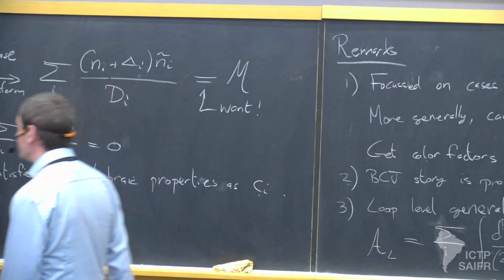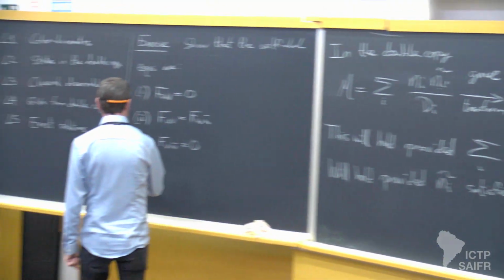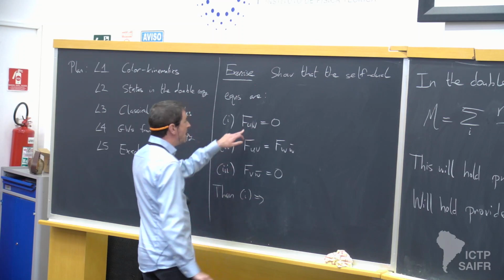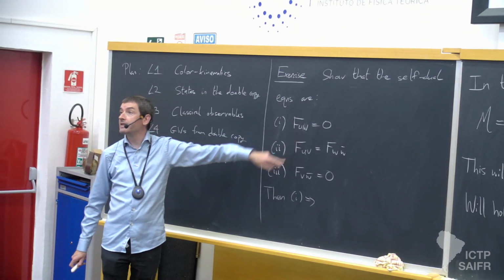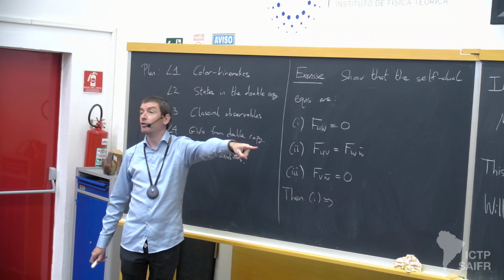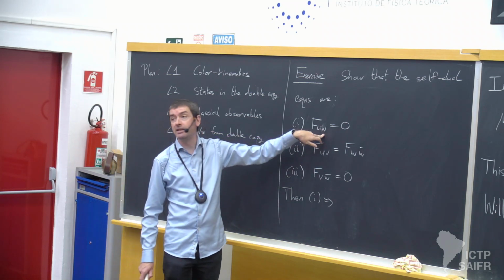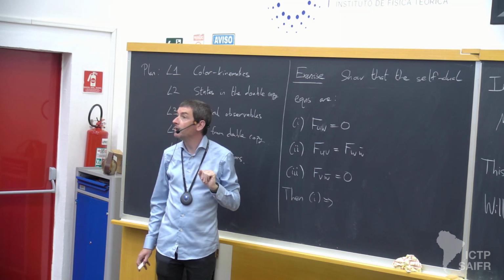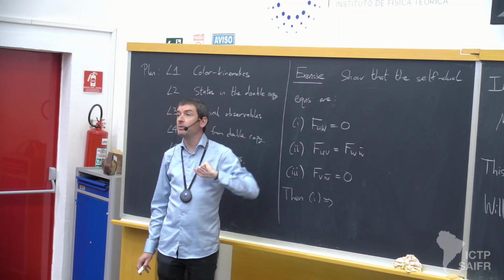So what we'll find is, remember what F_uw is. It's some derivative of, this is d_u A_w minus d_w A_u, and then there's a commutator of A_u and A_w. But I just chose A_u equals 0.